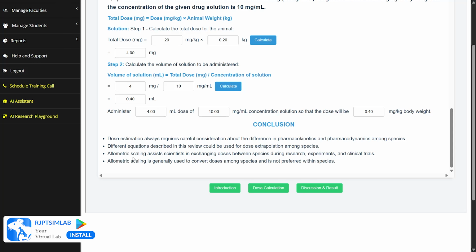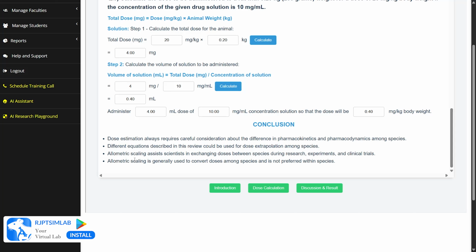The allometric scaling assists scientists in exchanging doses between species during research experiments and clinical trials. What is allometric scaling? Allometric scaling is a scale which describes how the characteristics of a living creature change with its size, which means if we have a small animal, then the characteristics of that animal are different, and when it grows, with the passing of time, it will grow in age and in size also.